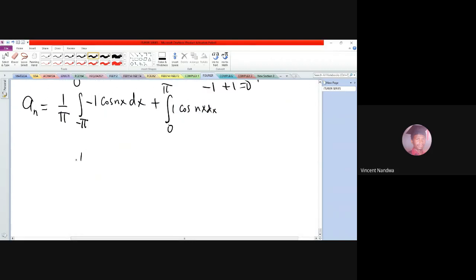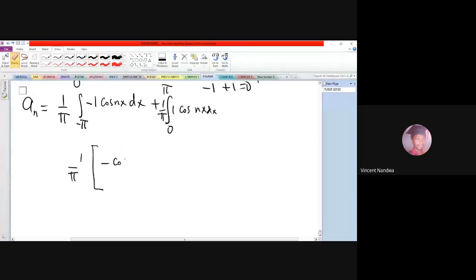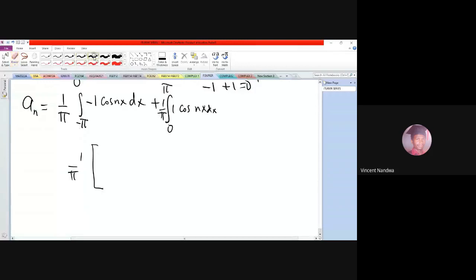So this is 1 over pi times minus sine nx over n from minus pi to 0, plus sine nx over n from 0 to pi.